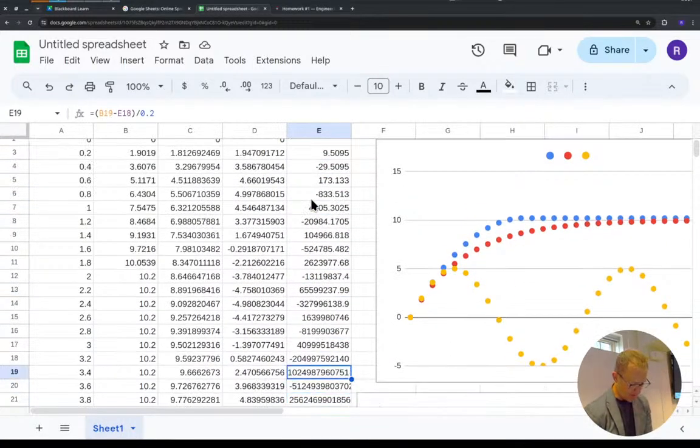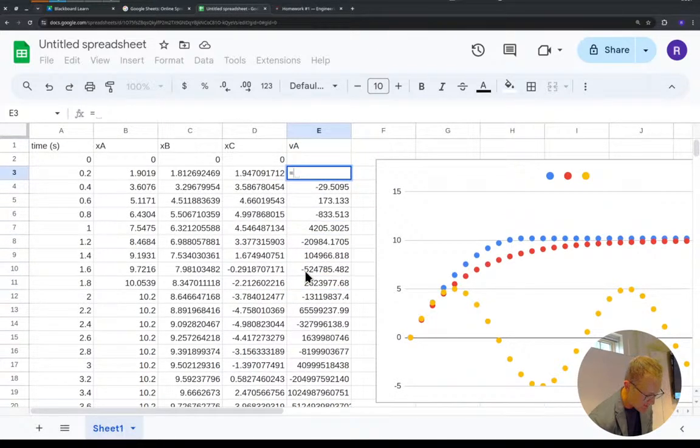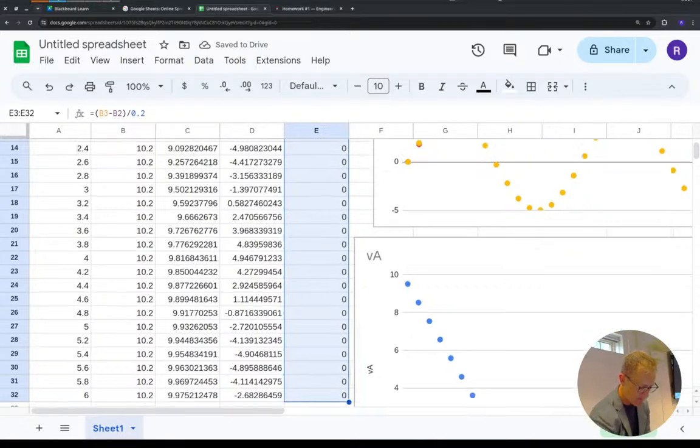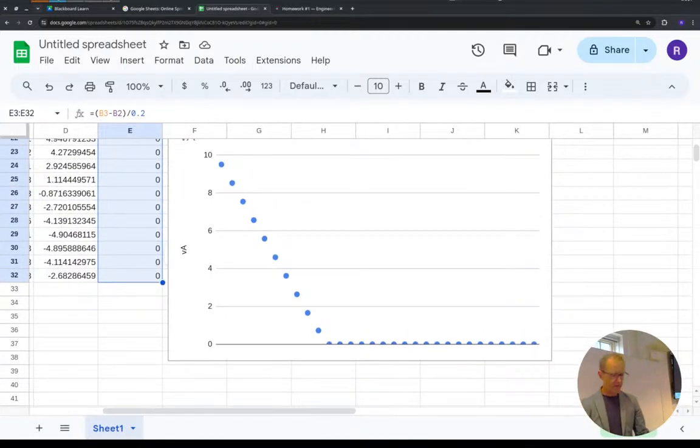This should all be 0 velocity, right? So here, for friction, it starts off at 10 meters per second, then it drops with constant speed change, and then 0.